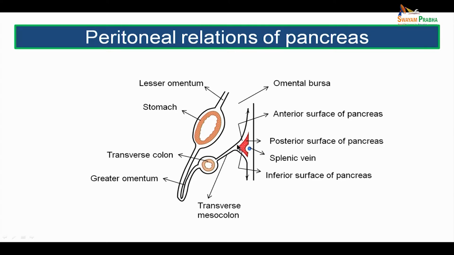Thus, the antero-superior surface of pancreas is covered by the peritoneum of the lesser sac, while the antero-inferior surface of pancreas is covered by the peritoneum of the greater sac. So, the major portion of the pancreas is retroperitoneal, only its antero-superior and antero-inferior surfaces are covered by peritoneum of lesser sac and greater sac respectively.